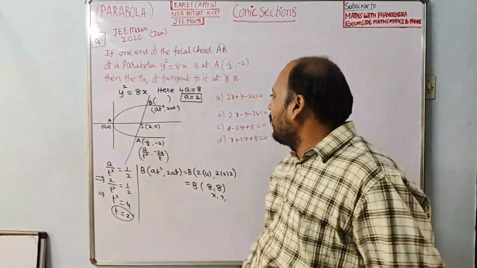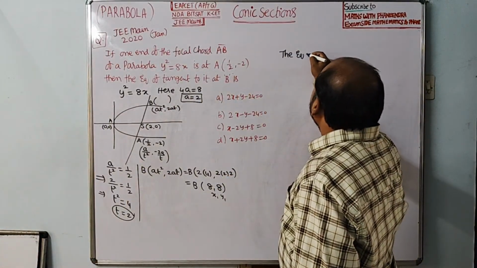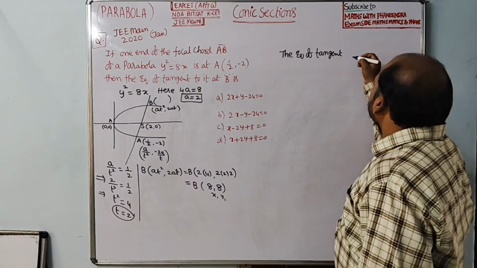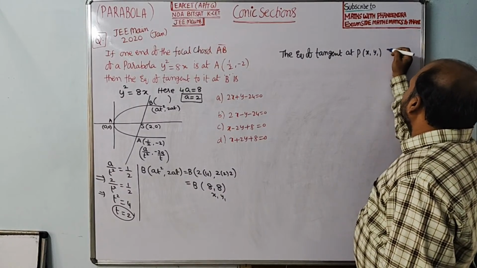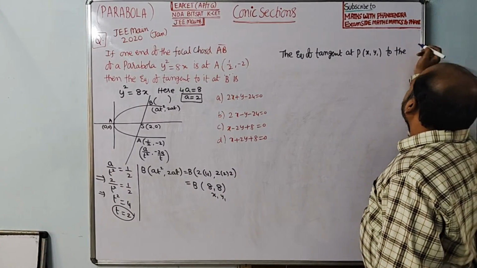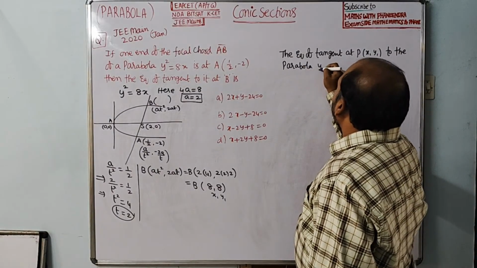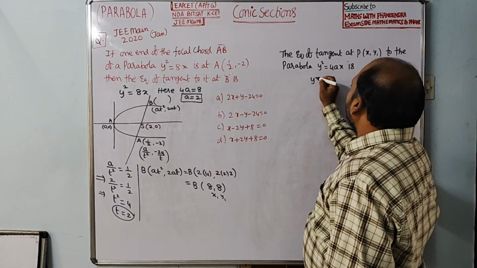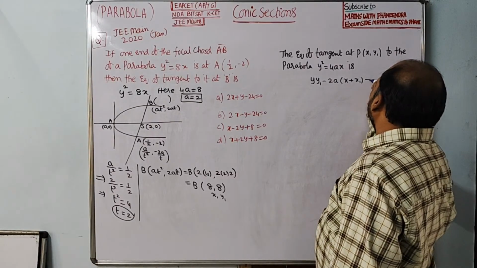At x1 comma y1 to the parabola, the equation of tangent at P of x1 comma y1 to the parabola y square is equal to 4ax is y y1 minus 2a into x plus x1 equal to 0.